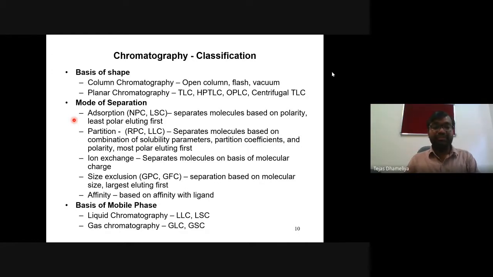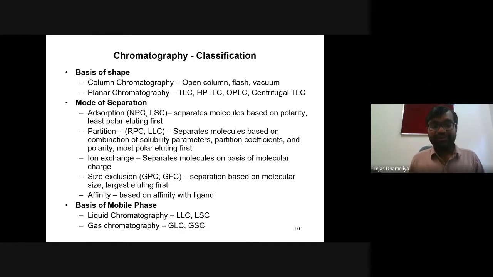And depending upon the nature of the mobile phase, whether it is liquid chromatography or gas chromatography, whether it is solid, liquid or gas, they are classified. For example, in gas chromatography there are two types: gas liquid chromatography and gas solid chromatography.